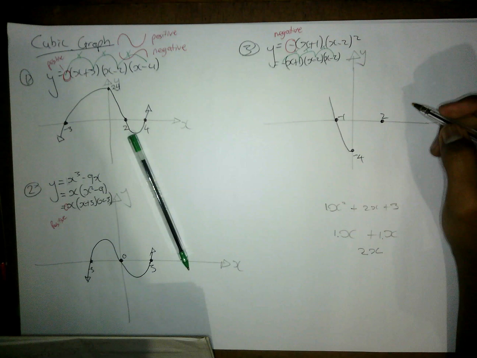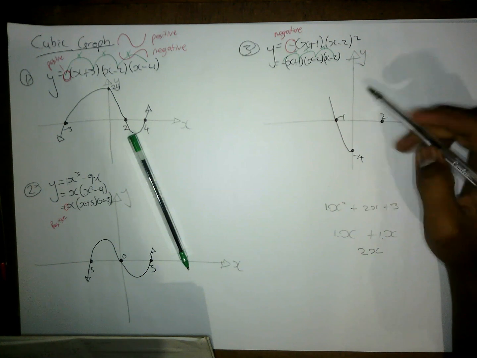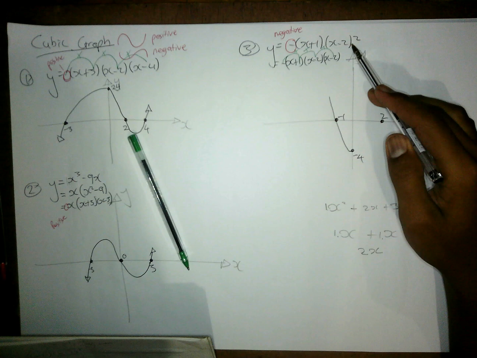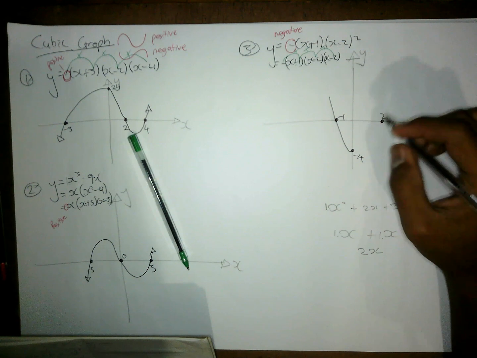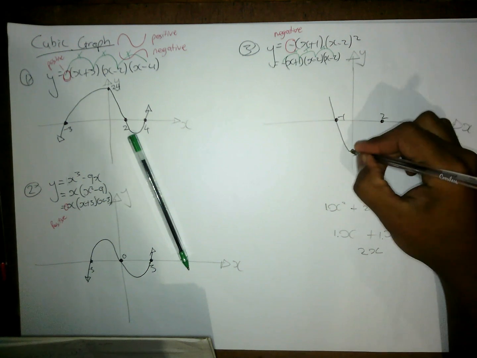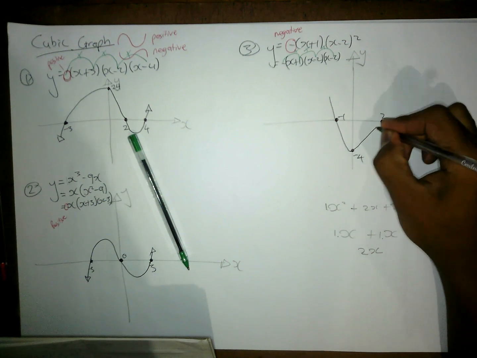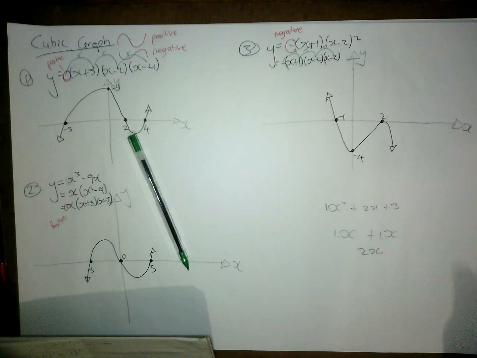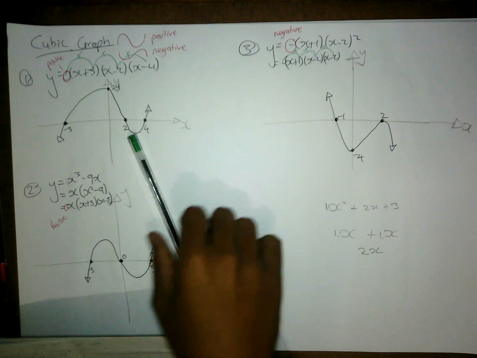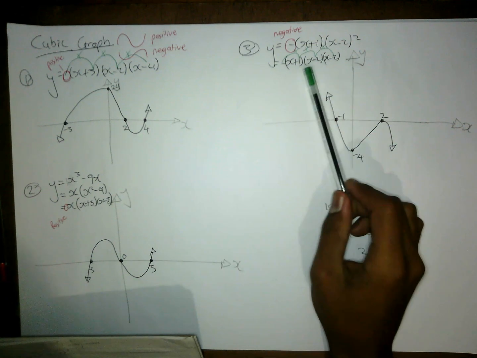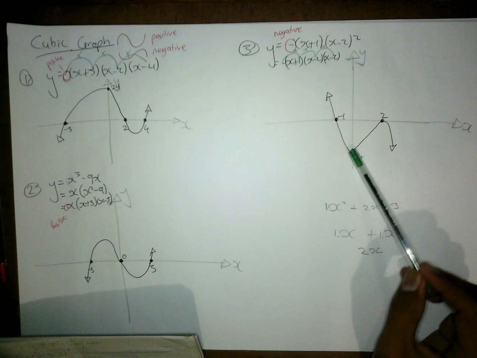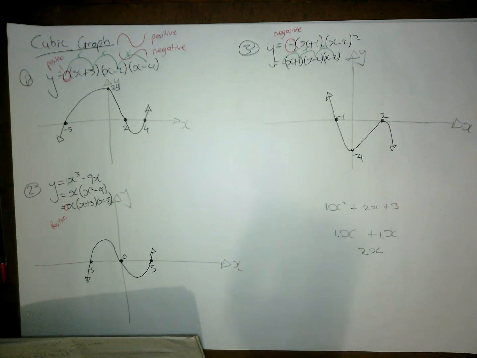Now, because this is the same point and it's a squared over there, this graph is gonna do this funny thing here. It's gonna do that, only because it has two coordinates on the same point because of the squared. It's going to do that on that coordinate. It's going to turn the other way.